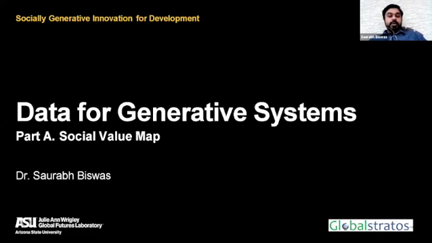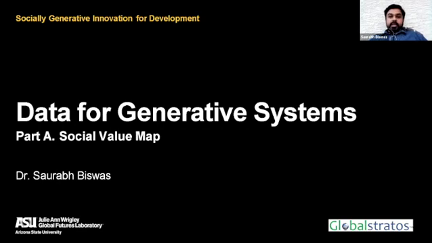So today, as a continuation on our focus on data, we will look at a critical aspect called the social value map for understanding how people derive value out of infrastructure in their lives and achieve sustainable well-being outcomes.